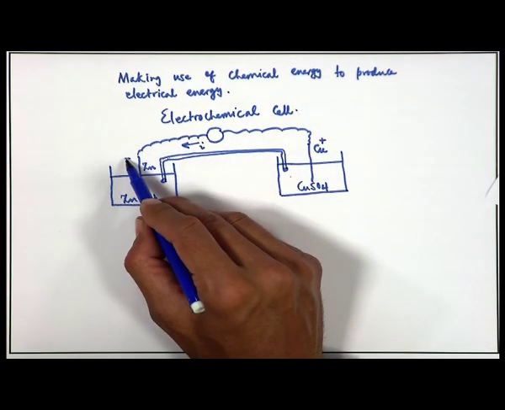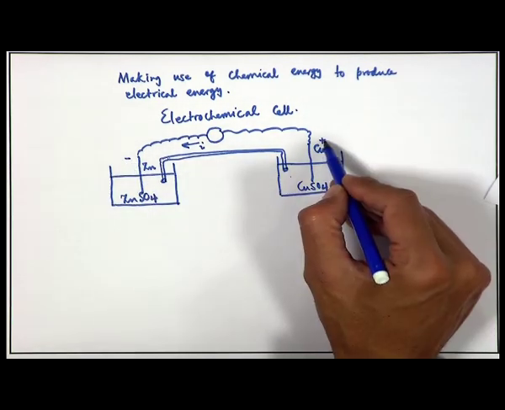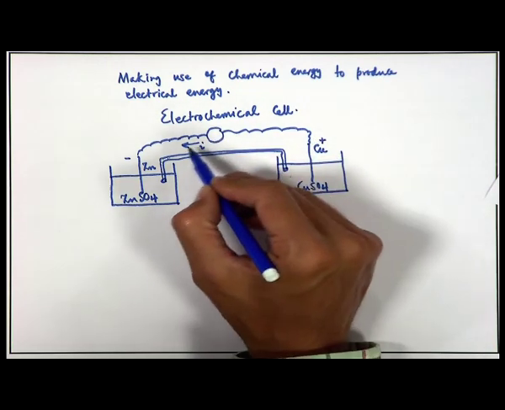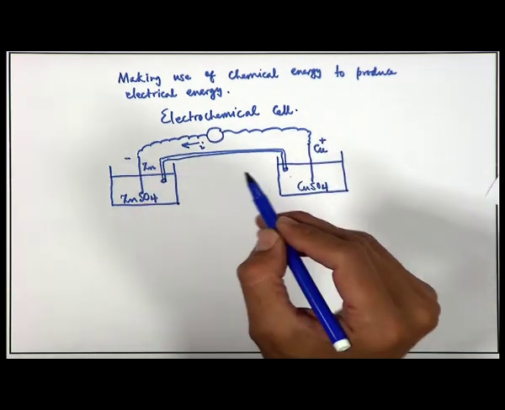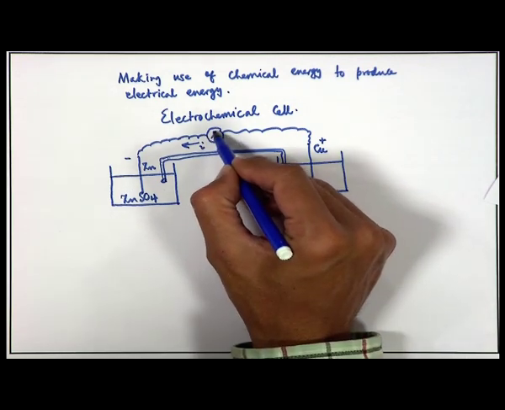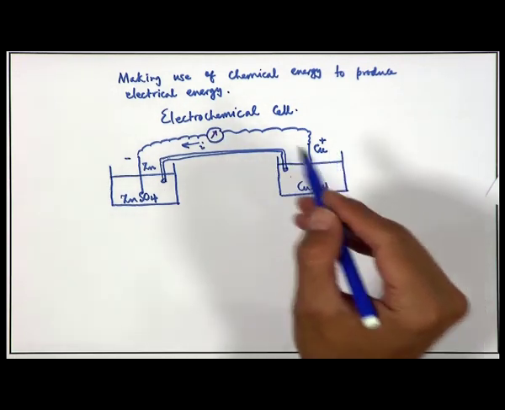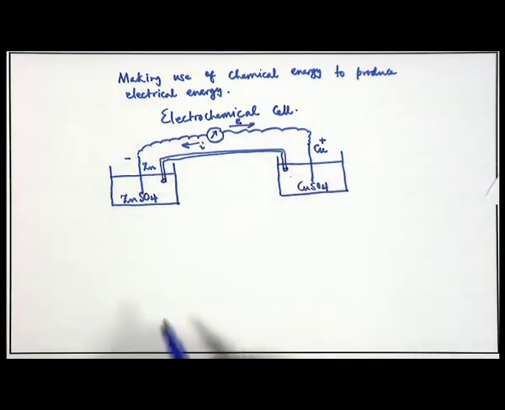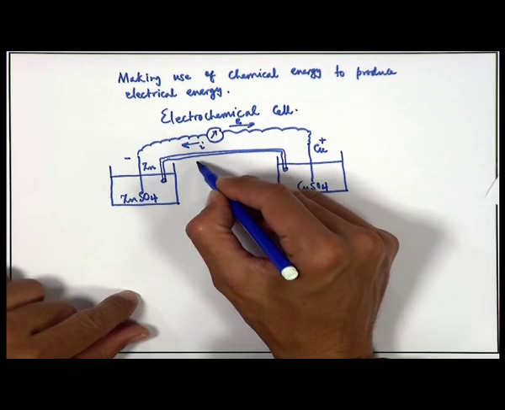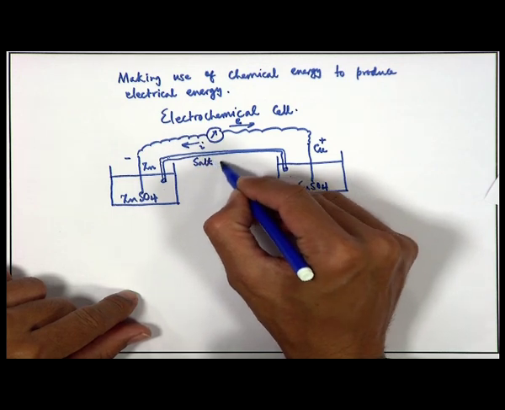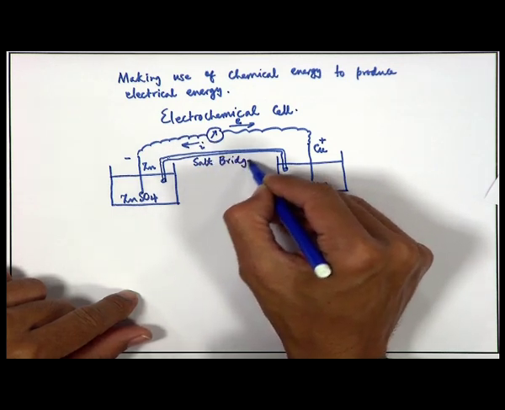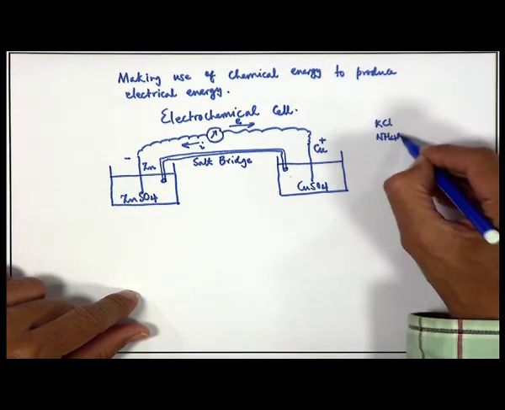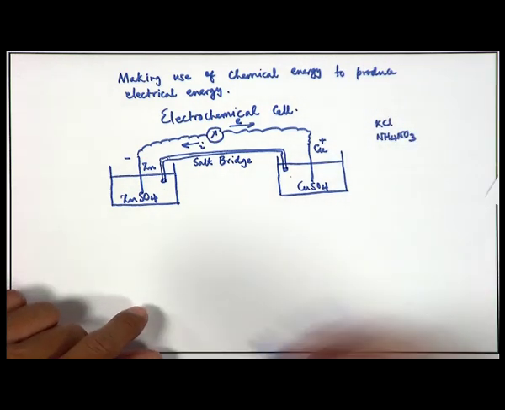This is the minus electrode, this is the plus electrode, plus of the cell, minus of the cell, and your galvanometer is showing a deflection, and electrons are moving in this direction. Okay. So, this is called the salt bridge, which contains KCl or NH4NO3, some electrolyte.